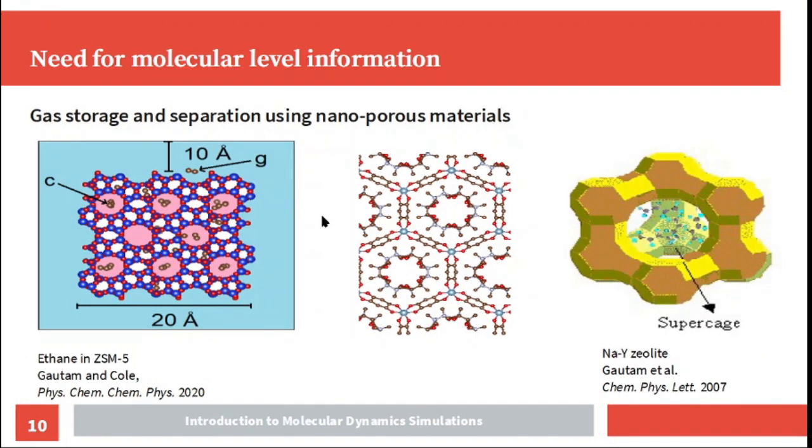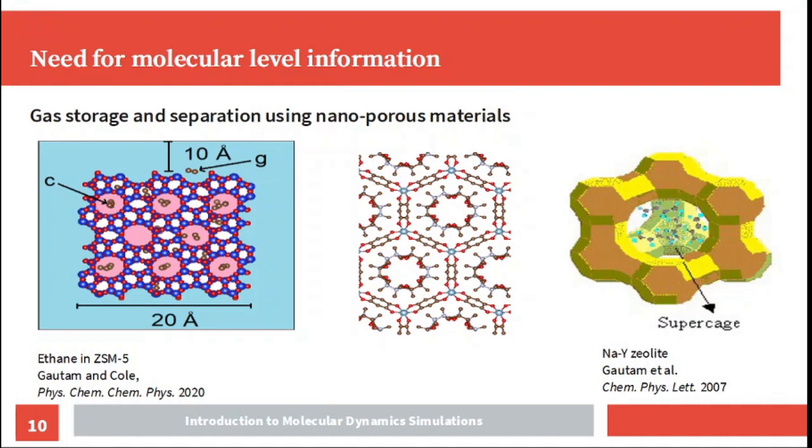Yet another example is that of gas storage and separation using nanoporous materials. For example, one of the major concerns we have at this moment all over the world is the rising levels of carbon dioxide in the atmosphere.